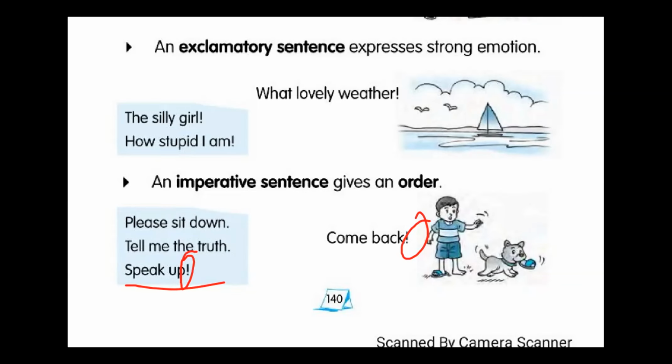So when you are expressing strong emotions, it will be followed by an exclamation mark. Are you understanding what I'm trying to say? Yes, ma'am. That's why we have given an exclamation mark here, because along with the order, it is also showing strong emotion.